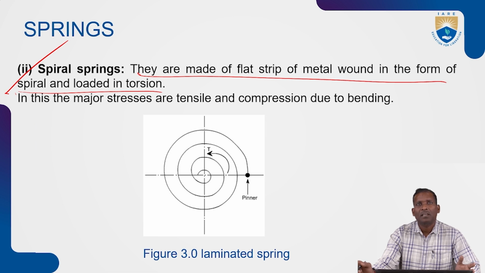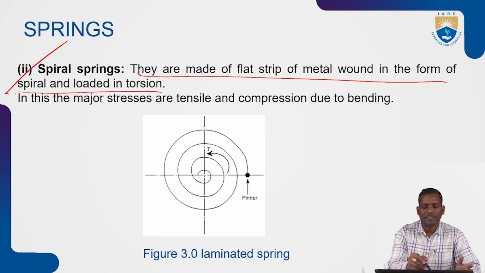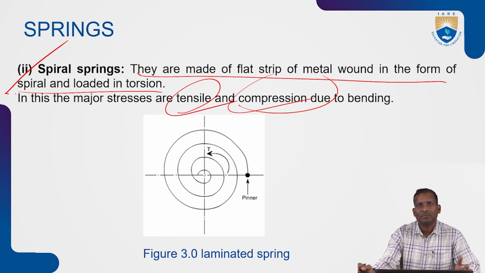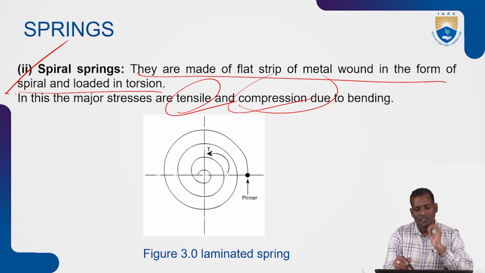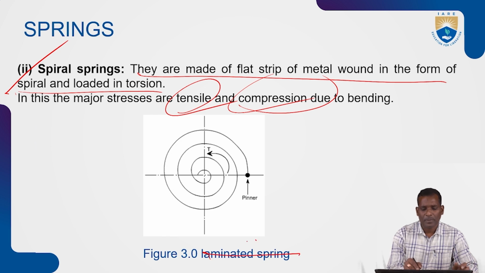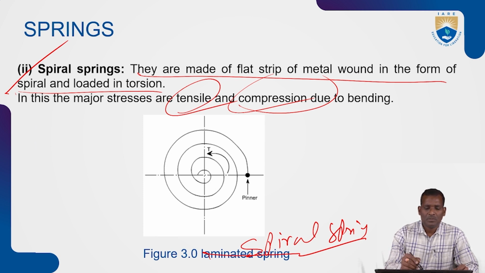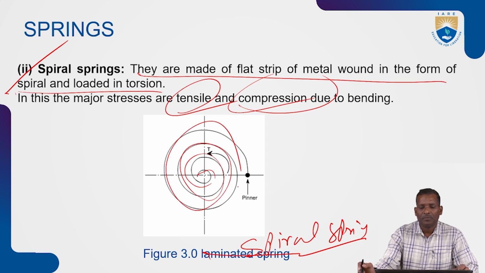In this, the major stresses are tensile and compressive due to bending. See, sorry, this is the spiral spring. So flat strip of metal wound in the form of a spiral.